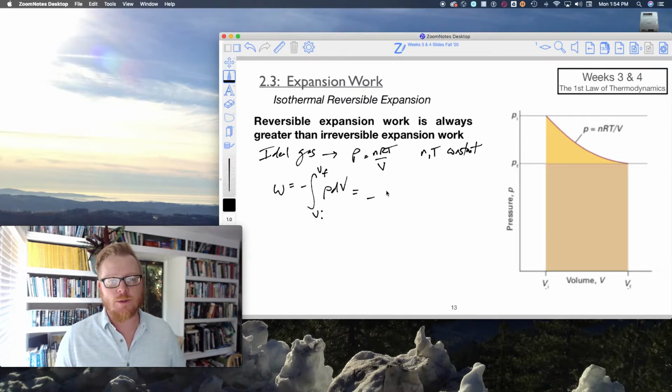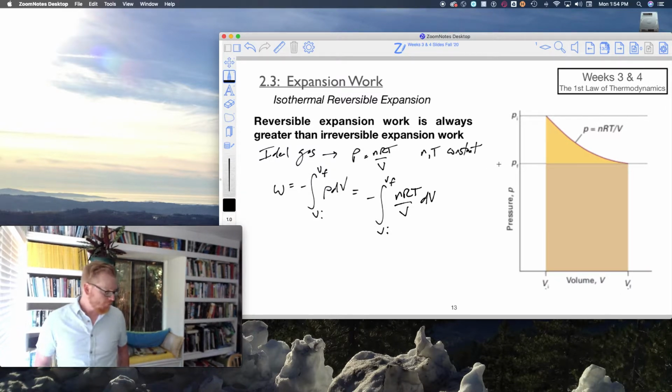And so that equals negative integral from VI to VF of nRT over V times dV, okay?